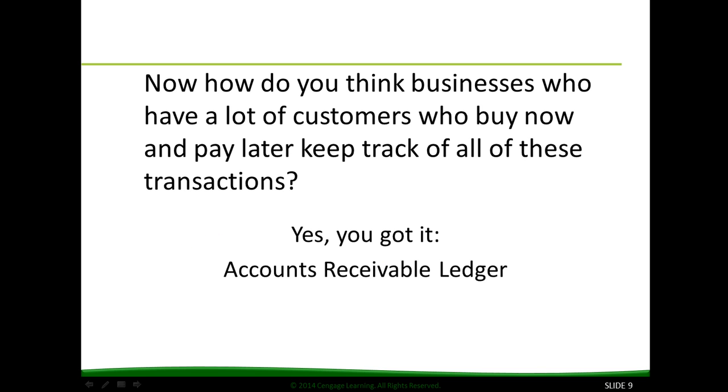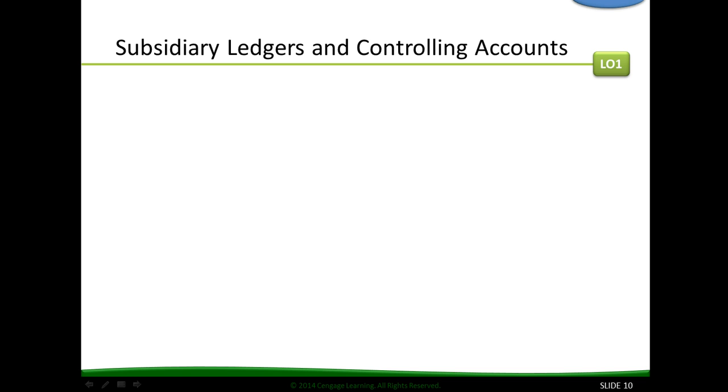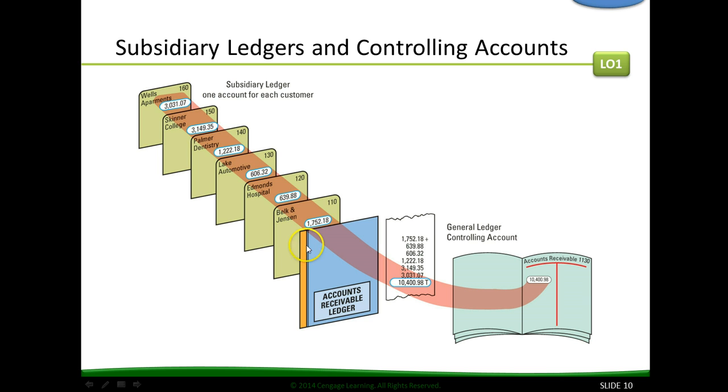So what do you think an accounts receivable ledger looks like? Well, of course, it's going to be a subsidiary ledger. And I want you to really look at this image, because what it shows you is that in the accounts receivable ledger, it will list all of the different people that owe you money, just as it did in the purchases ledger.